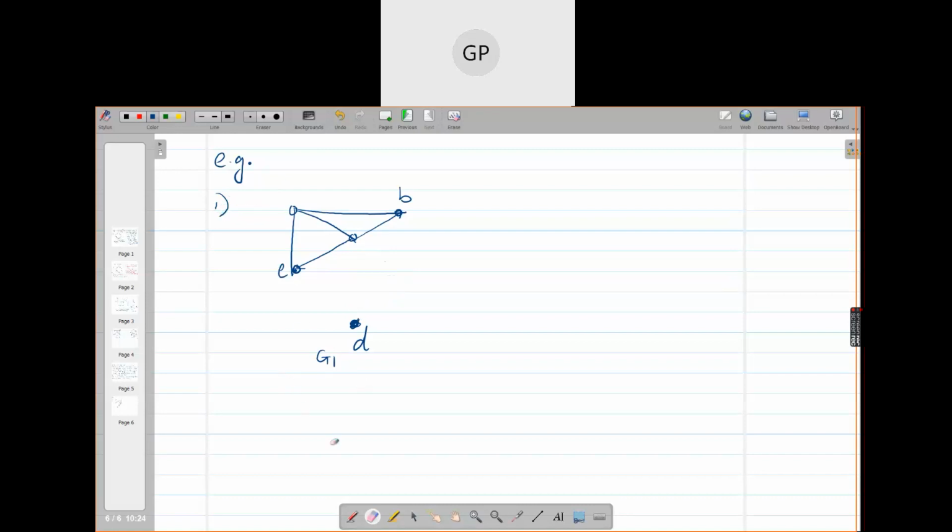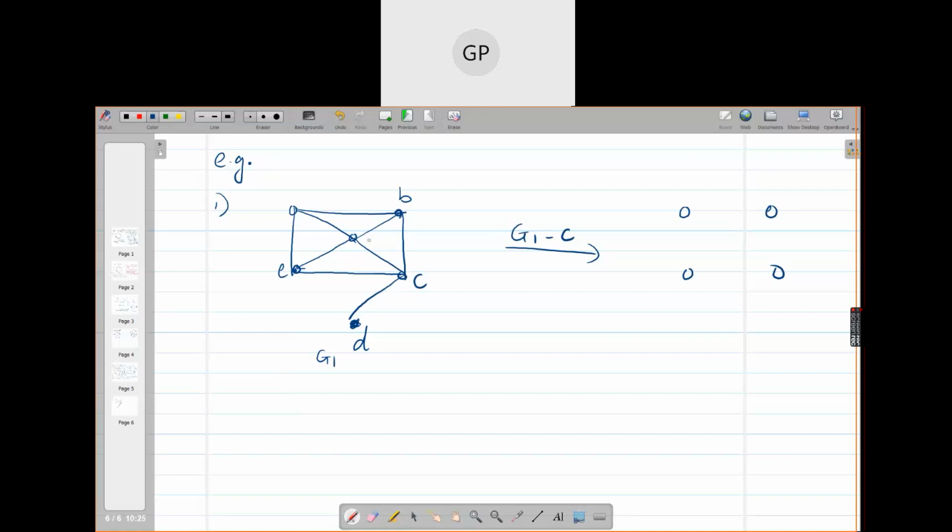Okay. So, if I delete the vertex C, you can draw the graph G1 and draw graph G1 minus C also, so that you will understand.